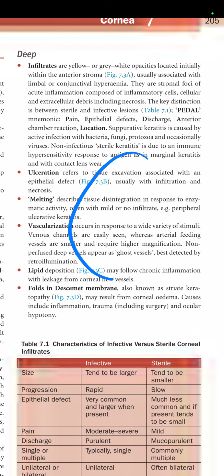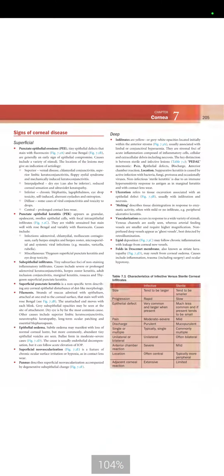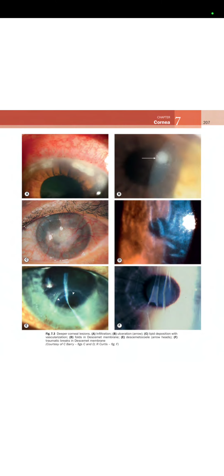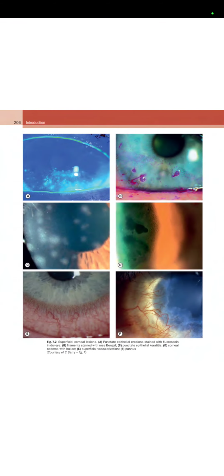So there is an associated hyperemia of the limbus or conjunctiva. You can see in figure 7.3a that there is a very deep looking whitish lesion in the cornea, and there is vascular hyperemia of the conjunctiva.